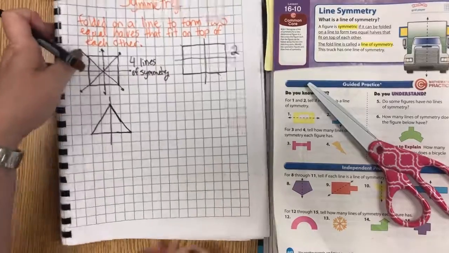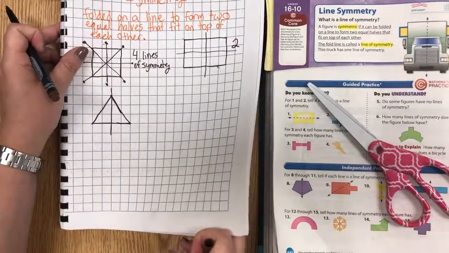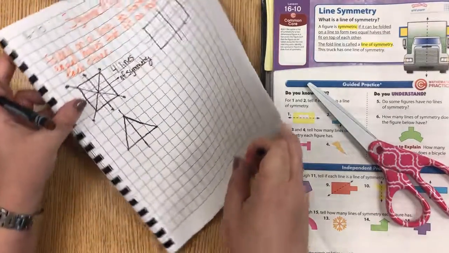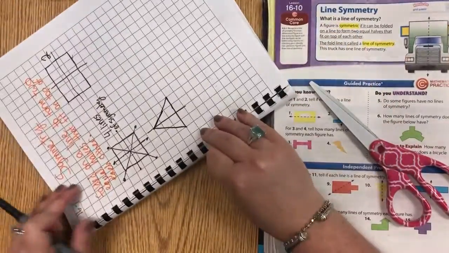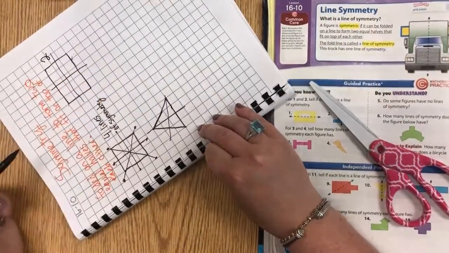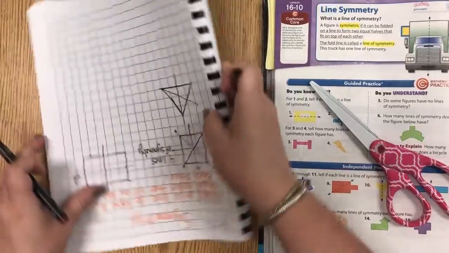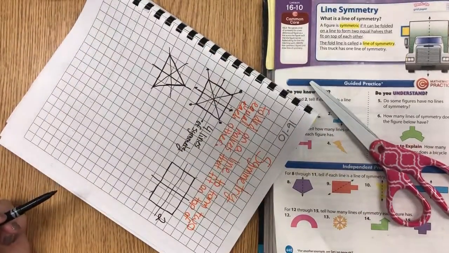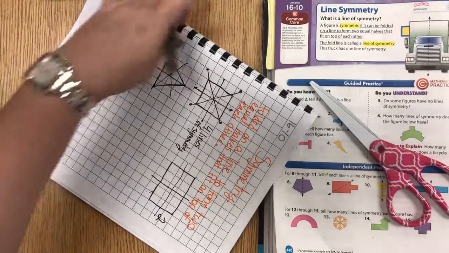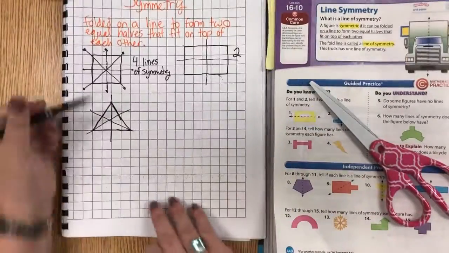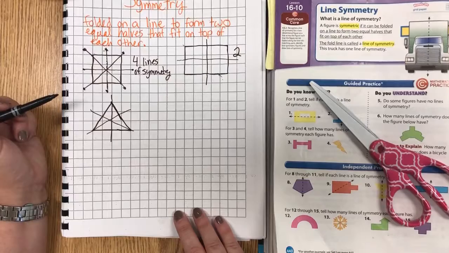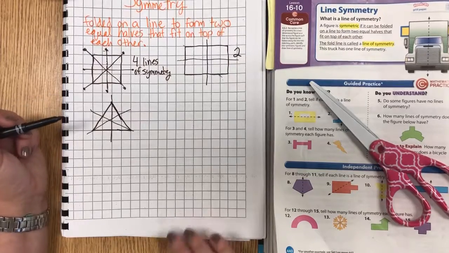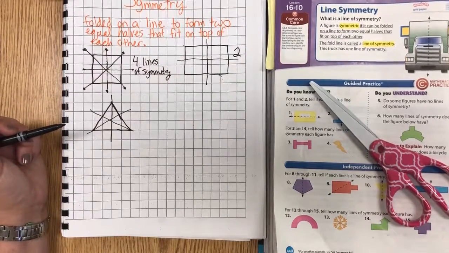But if I were to turn this triangle, because it is equilateral, and I were to go like that, well, look, I can cut that in half. And look, if I were to do it again, oh, look. Whoa. When a shape is equal, usually however many sides it has is how many lines of symmetry it has.